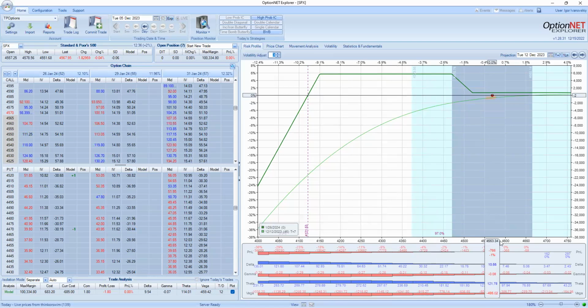If I needed to add 20 negative delta, I can just buy a 20 delta put, and that's going to take my delta back to zero and make this trade relatively neutral until the market dictates the following adjustment, which is to unhedge this trade.